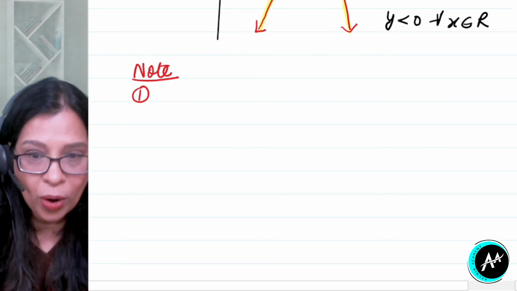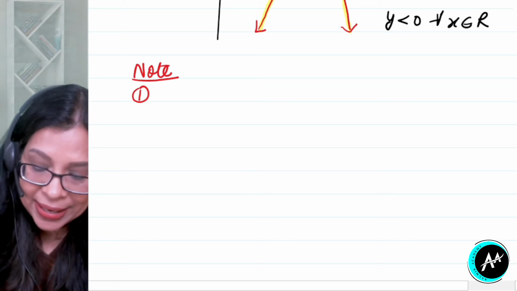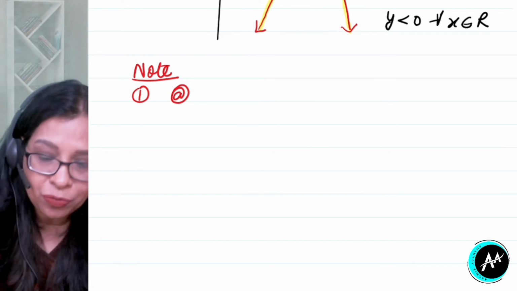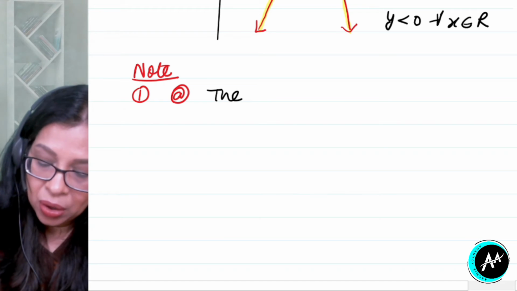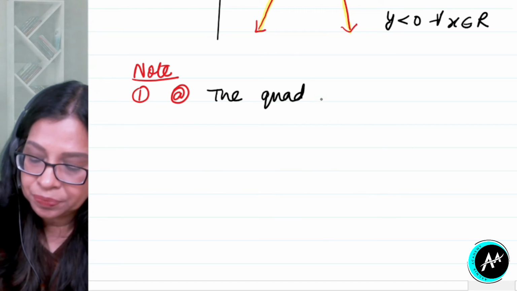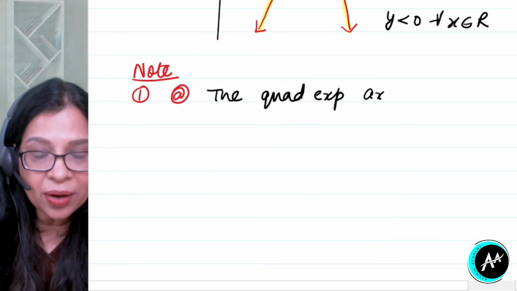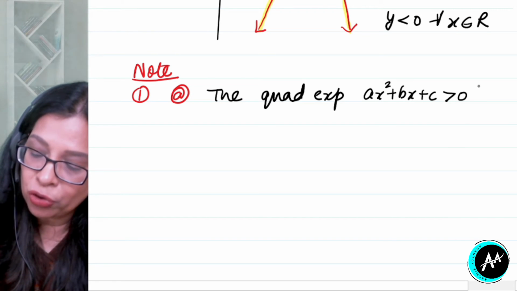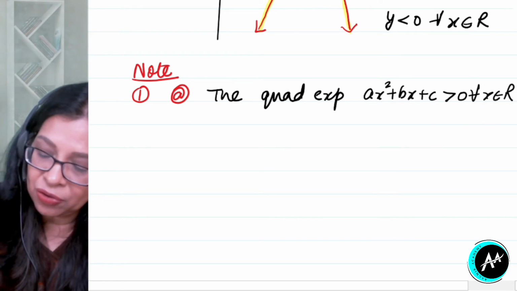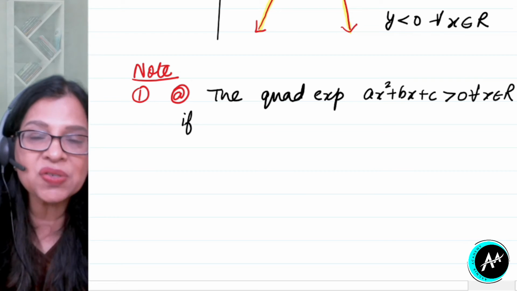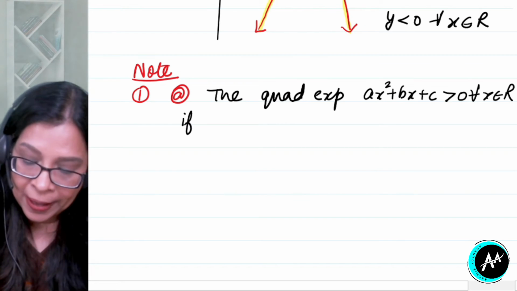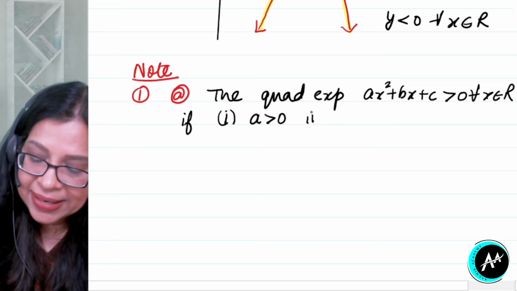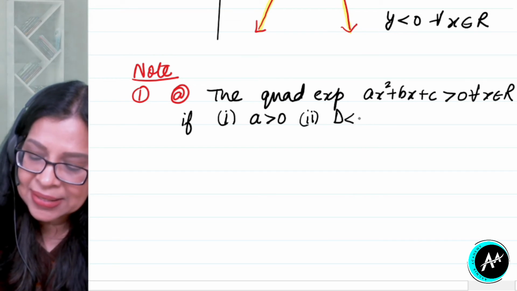Okay, first point would be that the quadratic expression, okay, first का a part लिखते हैं यहाँ पे, a part would be the quadratic expression ax square plus bx plus c is greater than 0 for all x belonging to R if. Now what are the conditions for this to be always positive? First would be that a should be positive, and second would be that d is negative.